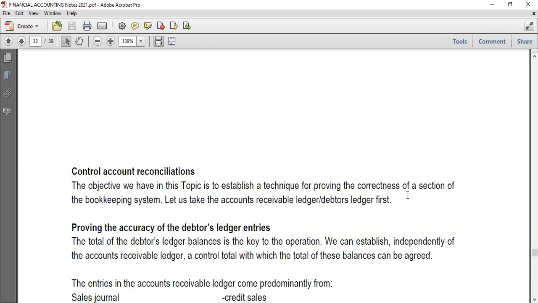For example, if it's the debtors control account, we should be able to utilize the debtors ledger account itself, okay? And like we've said, the total of the individual ledger accounts should total to what we have in the control account, okay?